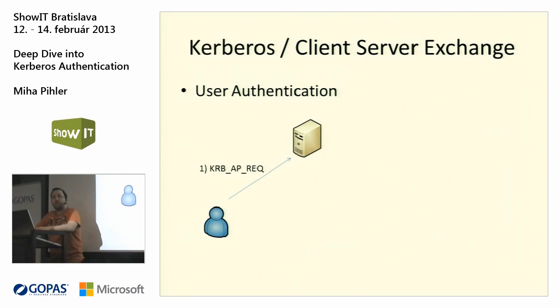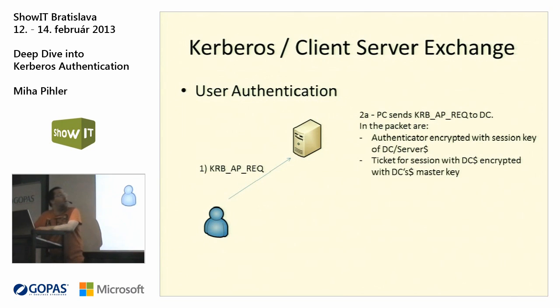Now I can actually start talking to the server. I still couldn't connect until this point. Now I can. I can send the AP request. In this request, there is my session key, my authenticator, and also included is a session key that is encrypted with the computer's master key.